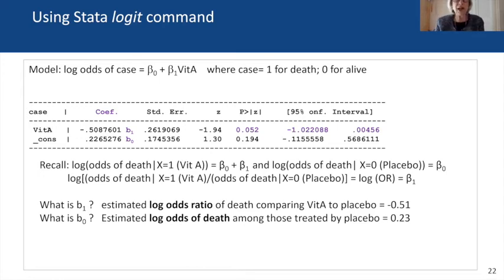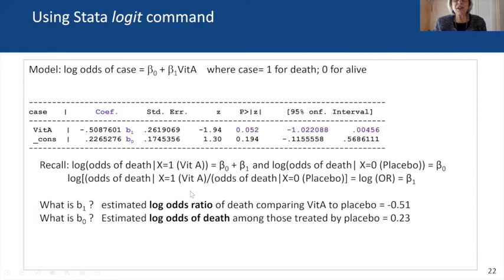So I'm going to extract those coefficients again so that we can interpret these. If you recall, the log odds of death when x equals 1, so when vitamin A equals 1, is beta naught plus beta 1. And the log odds of death when vitamin A equals 0, which is placebo, is just beta naught. So we can take the difference, and when we took the difference, we saw that's the same as the log of their ratio.